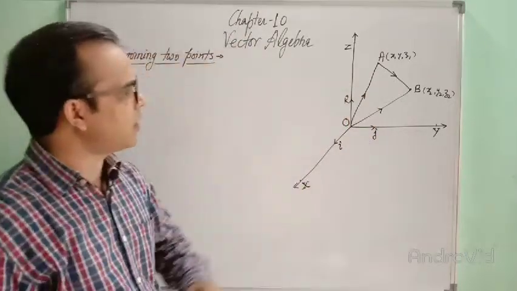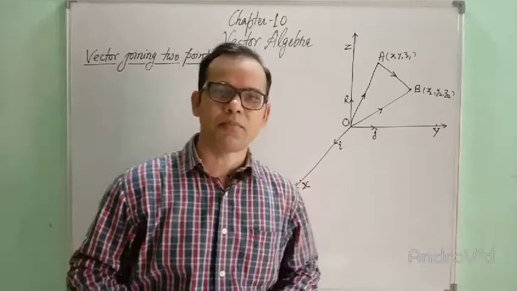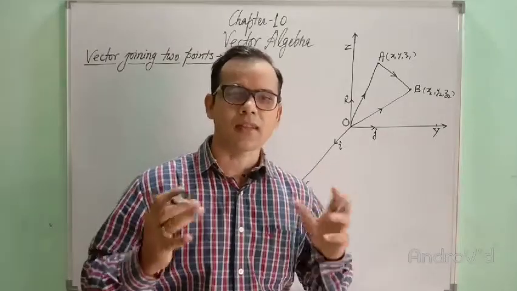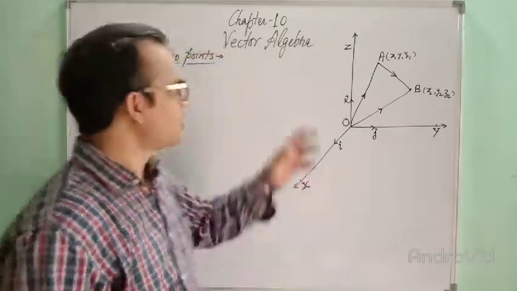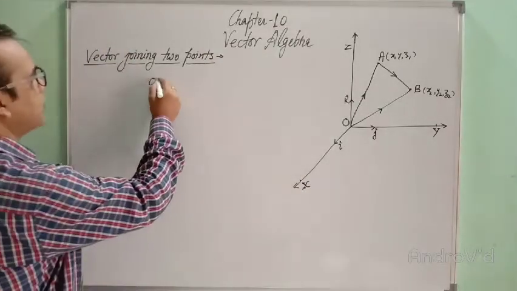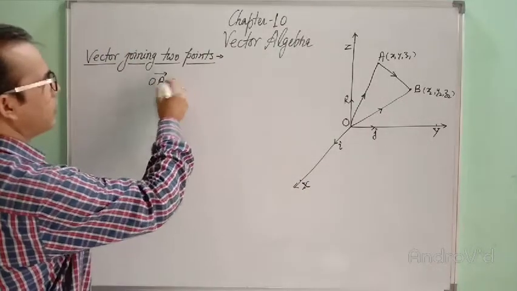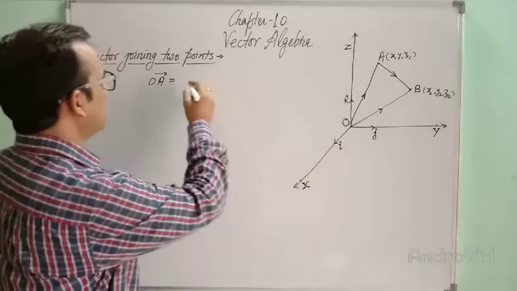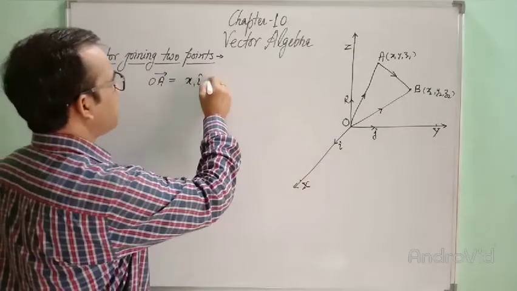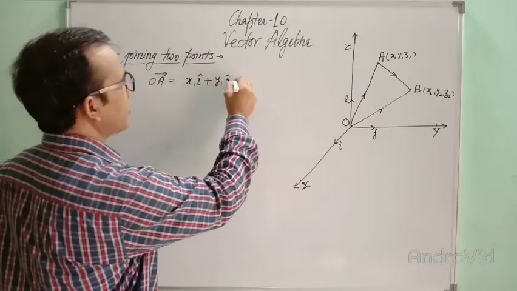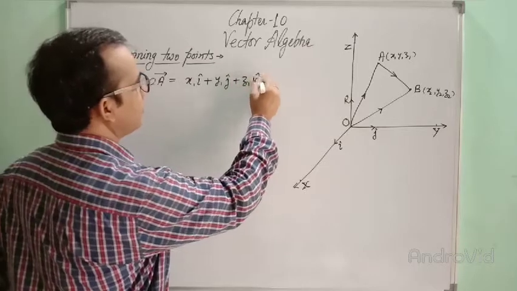So we have studied earlier how to write the vector in the component form. So here you see that we can write OA vector as x1 i cap, y1 j cap and z1 k cap.